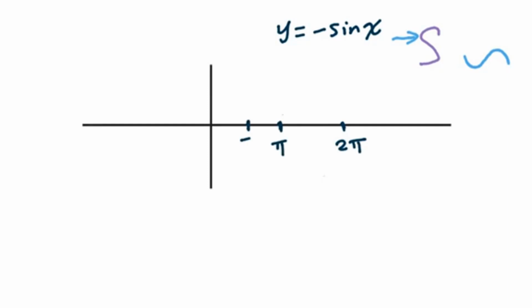For y equals negative sine x, think about this s. Then you push this s down, you will get the graph like this. So we still do the 2 pi. Here's pi, pi over 2, then half again, 3 pi over 2.